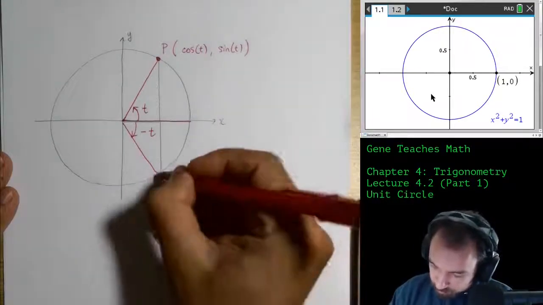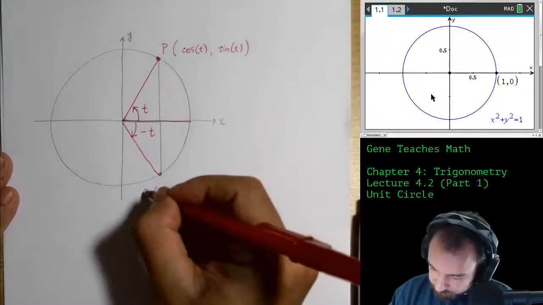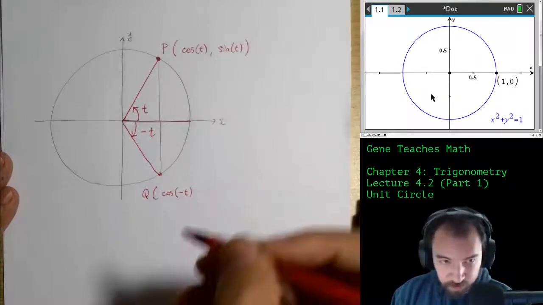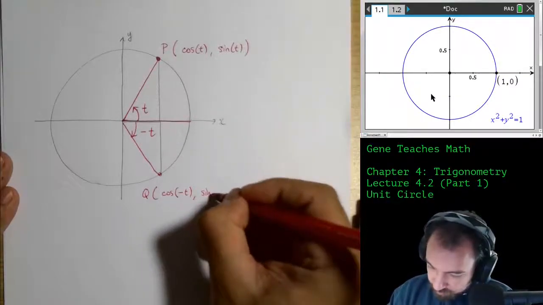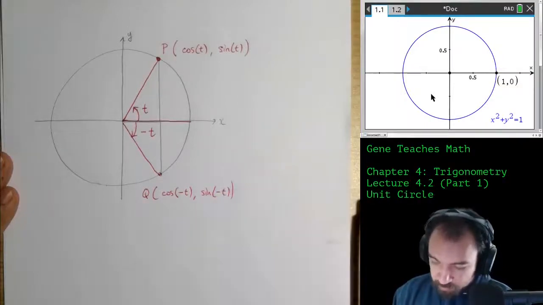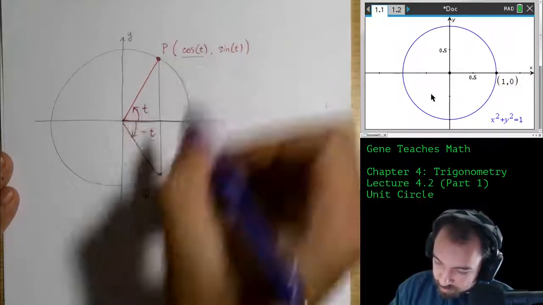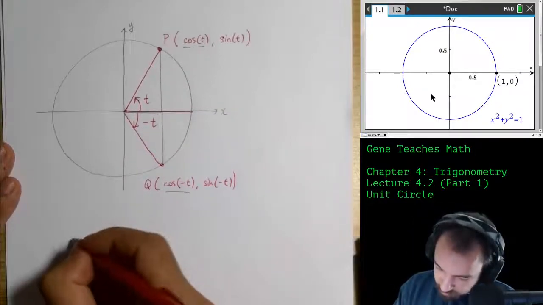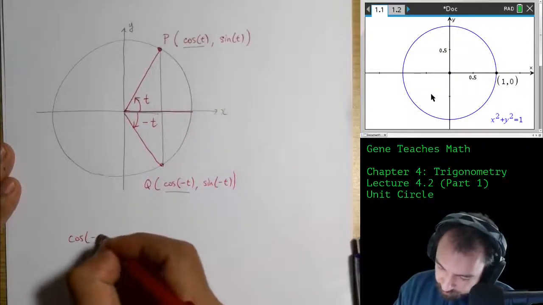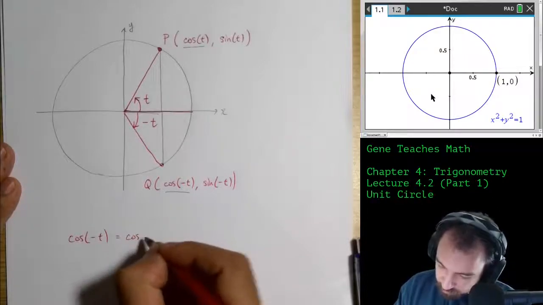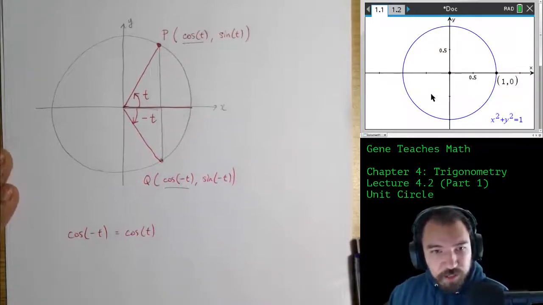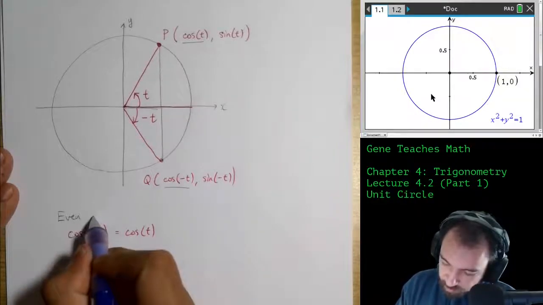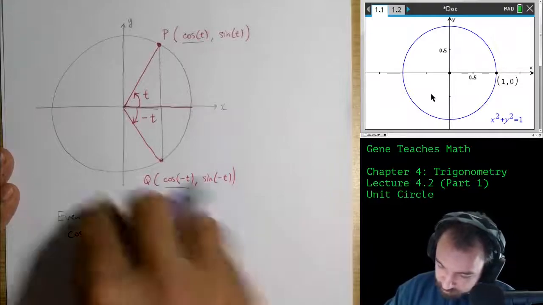And if I call this point Q right here, then this would be cosine of negative T for the x-coordinate and sine of negative T for the y-coordinate. We notice that the x-coordinates are the same, which means that cosine of negative T and cosine of regular T are the same as each other. And this behavior tells us that cosine is an even function.